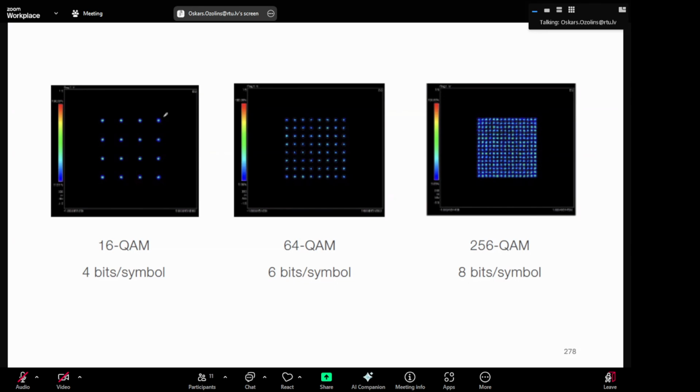So here you can use lower signal to noise ratio. Here you need to have very high signal to noise ratio. And that is why commercial systems, I think now they are trying to find a sweet spot of very high symbol rate around 16 QAM. Because that also depends on how long a link reach is needed. Right.